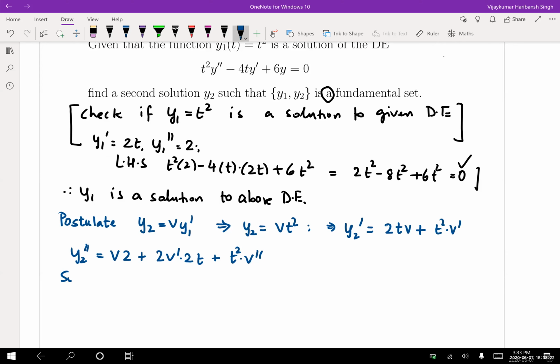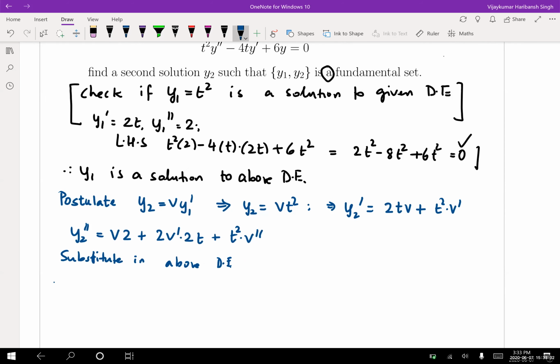Now substitute into the above differential equation: t squared times y2 double prime minus 4t y2 prime plus 6 y2. Since this is a solution, this must turn out to be 0.